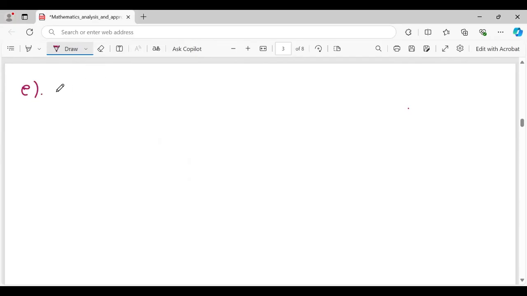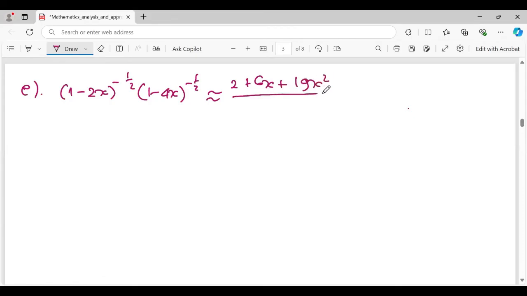I'm going to write this just now. I have explained 1 minus 4x is equivalent to, or the same as, 2 plus 6x plus 19x squared over 2. But I'd like to write it as 1 over, just now I have explained, 1 minus 2x, 1 minus 4x.